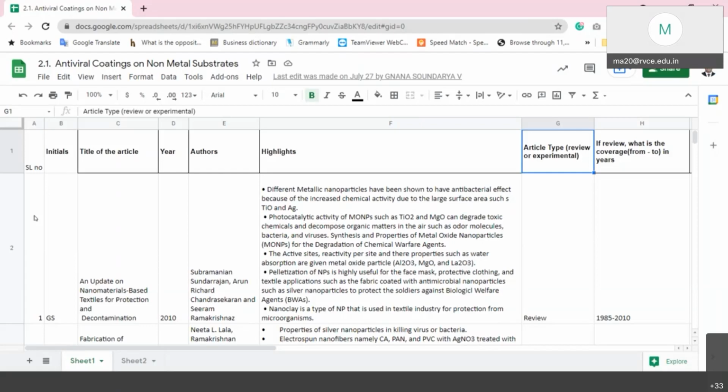If you find that the article is relevant, then you will look at whether you can download that paper or not. When it comes to downloading, if you log in to the Science Direct website through your college ID, you'll get many papers.